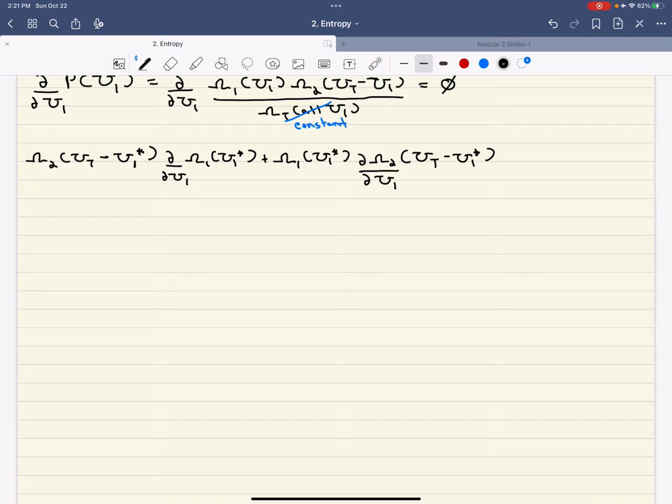Okay? Alright, and I'm going to indicate that this is equal to 0, and I'm going to call this equation 1. Alright? So we have these partial derivatives of omega 1 and omega 2.